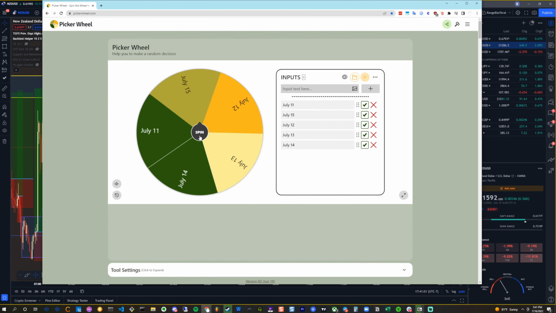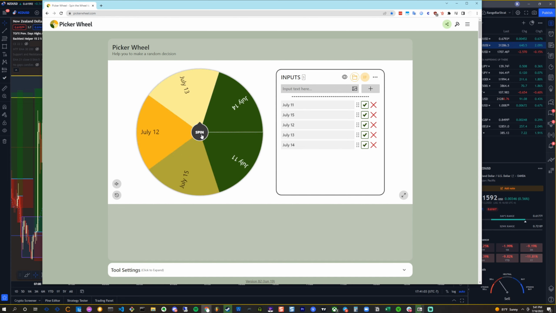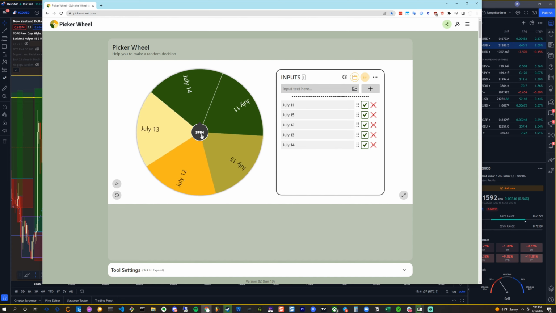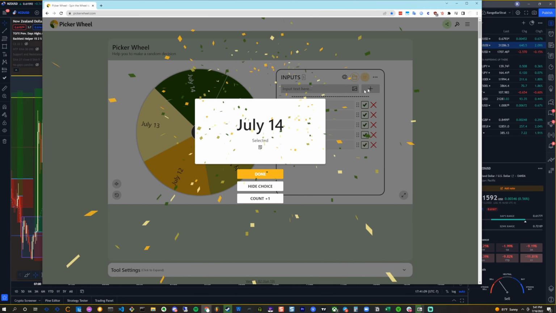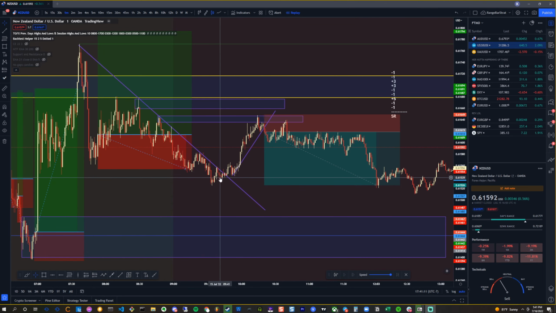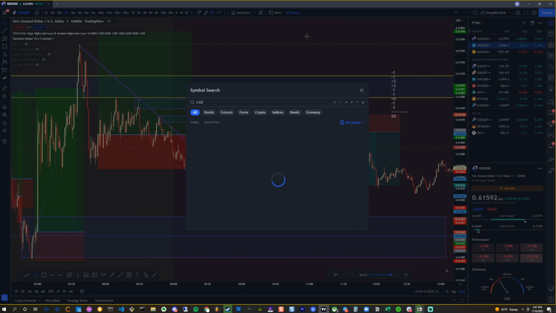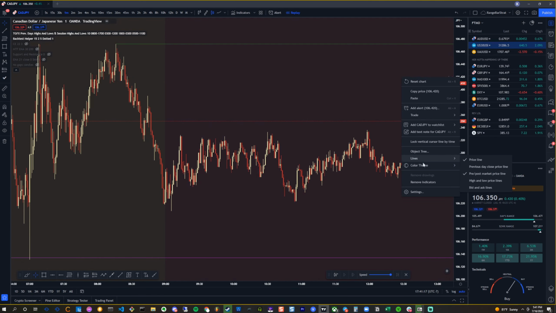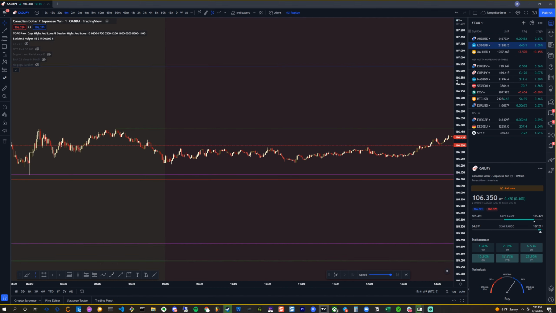And then we're going to shuffle it up. Let's see what happens. I mean, we got, alright, July 14th. Not bad. That's our messy one from earlier. CADJPY, July 14th.